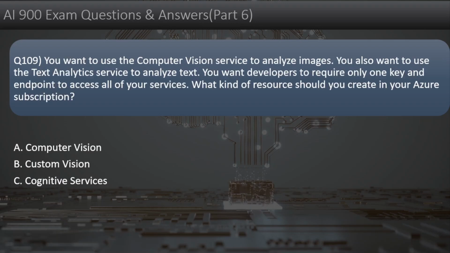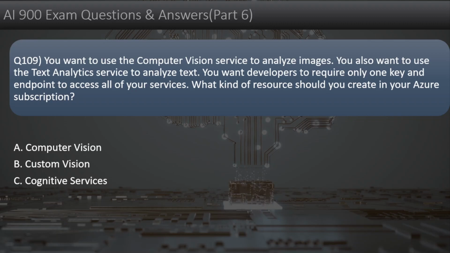You want to use the computer vision service to analyze images. You also want to use the text analytics service to analyze text. You want developers to require only one key and endpoint to access all of your services. What kind of resource should you create in Azure subscription?